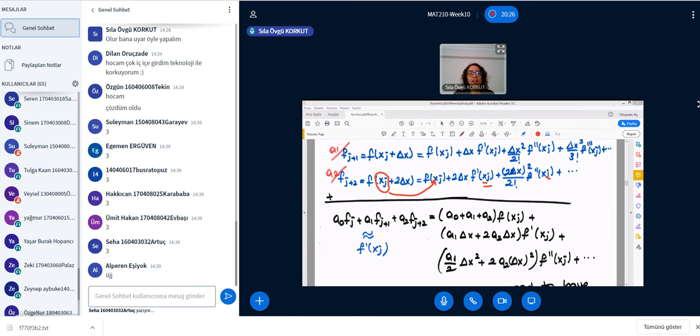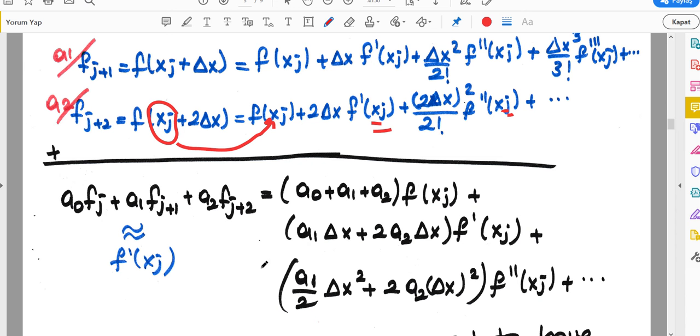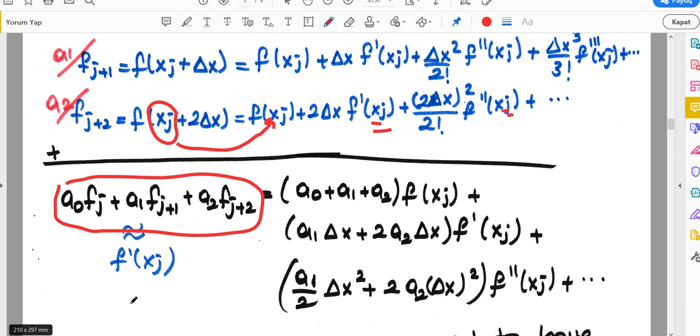So how can we deal with these 3 equations? It corresponds to our assumptions. On the right side, I have A0 f_j, A1 f_{j+1} and so on, you can see that. And what is your purpose? Your purpose is to define, using these parameters, an approximation of the first derivative of f.